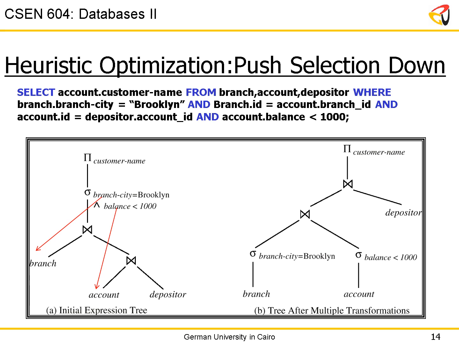So in this case, I now have 2 terms that I am selecting according to: branch_city equal to Brooklyn and balance less than 1,000. So I will push branch_city equal to Brooklyn down to the branch table, and I will push balance less than 1,000 down to the account table.